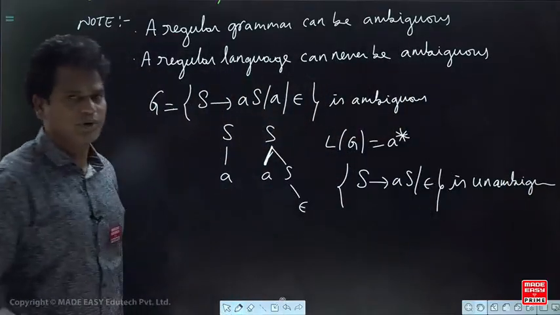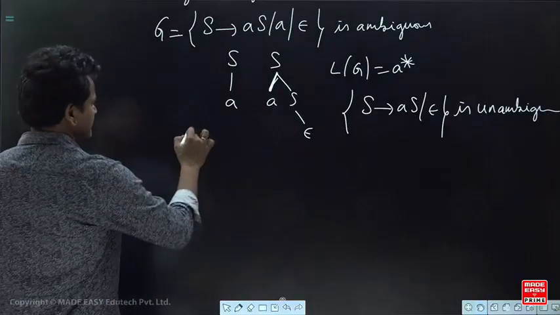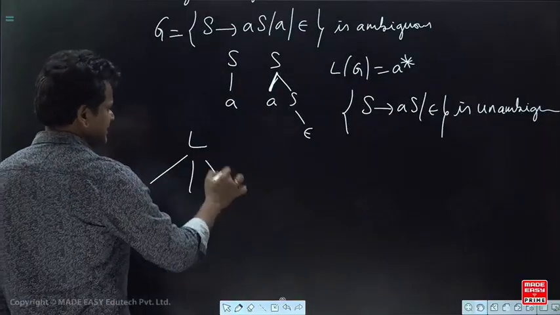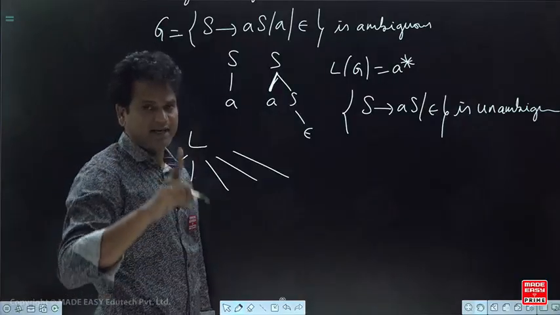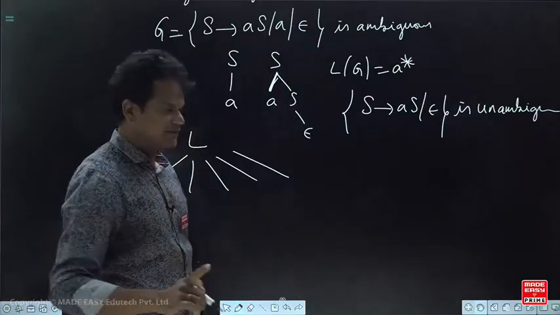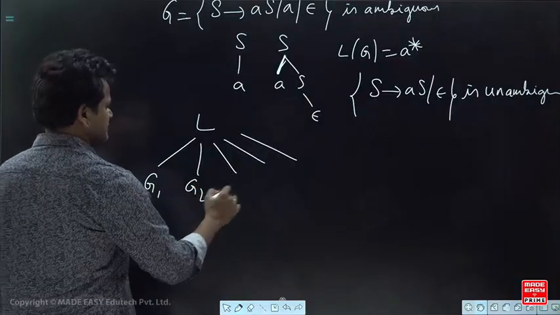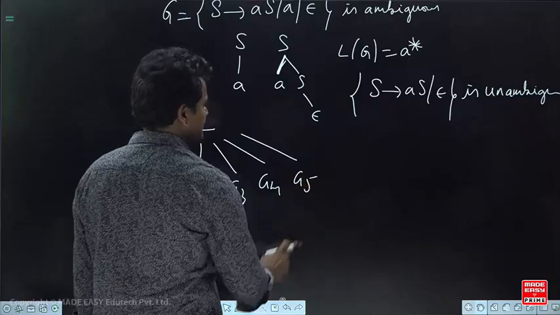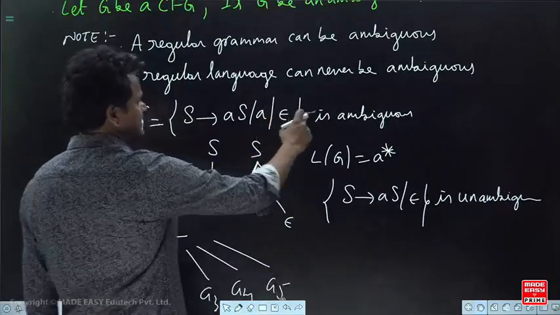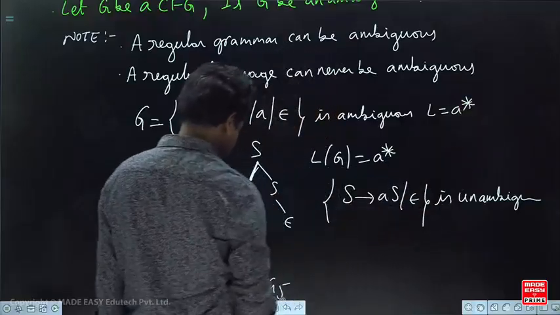So what is the statement here? For any regular language, a grammar gives only one language. I repeat, a grammar gives only one language. But a language can have so many grammars. Example, A star. Here this is A star, and here also A star.